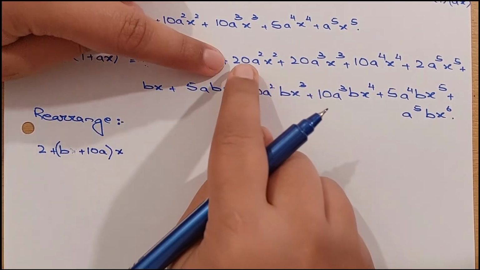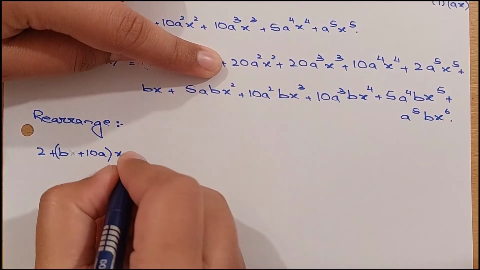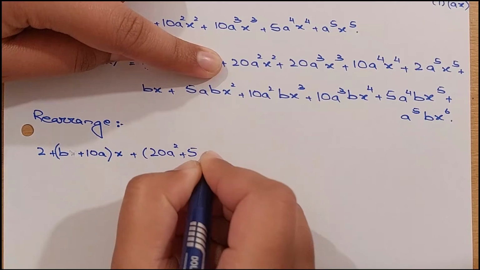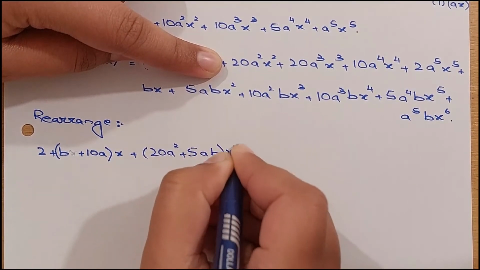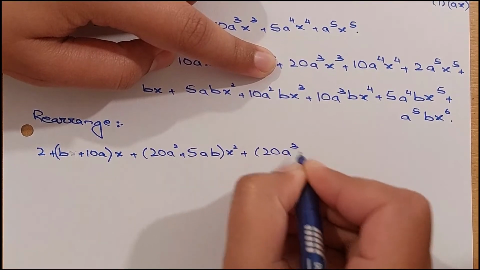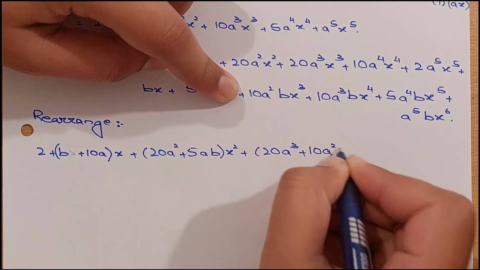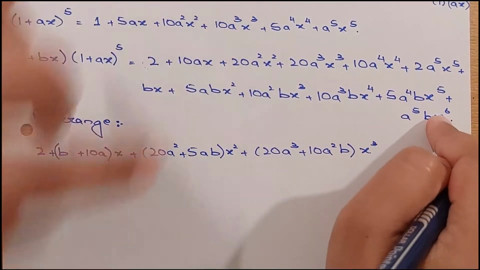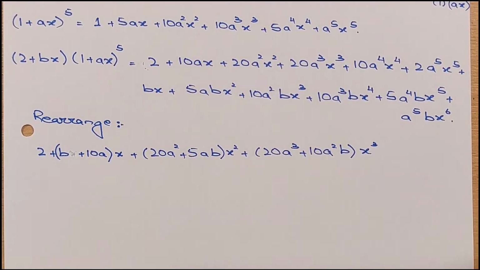And the x square terms, these two are the x square terms. So we can say that 20 a square plus 5ab is the x square term, and the x cube terms are 20 a cube plus 10 a square b, this is the x cube term. Then x power 4 term, x5 term and x6 term, but we just need the x cube.